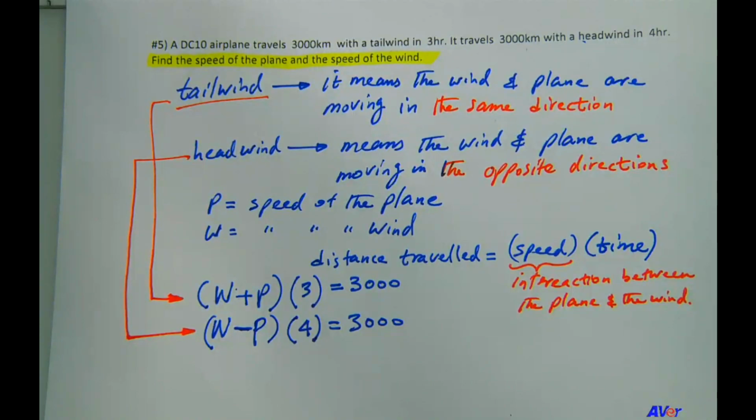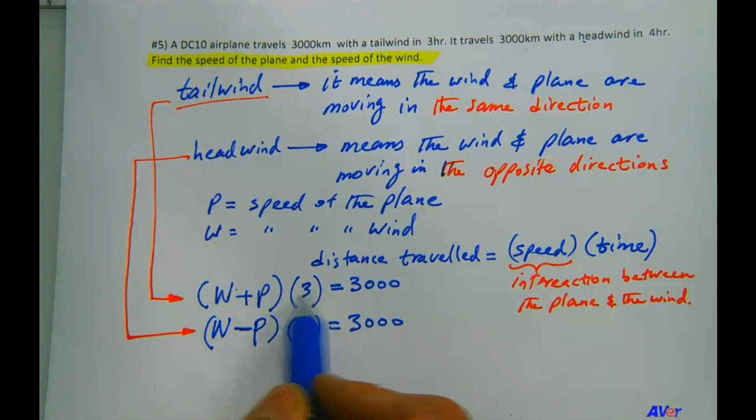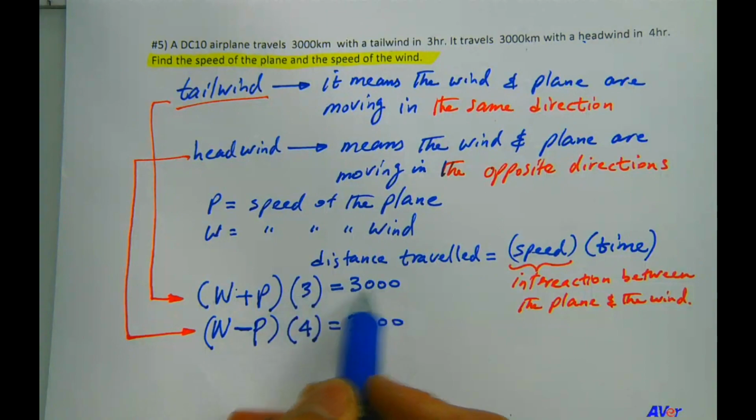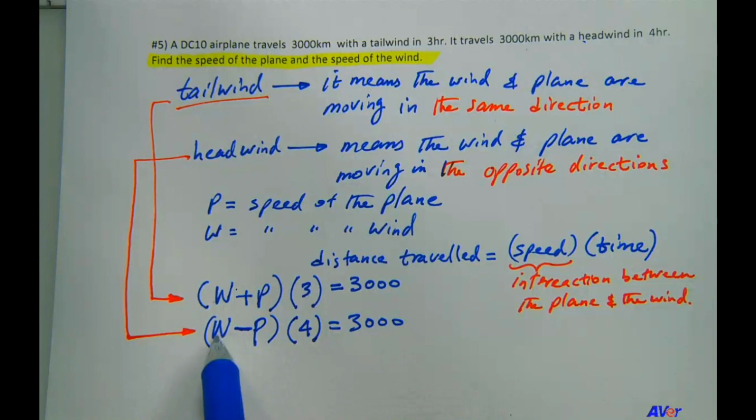Okay? So when wind speed and plane speed are working together in the same direction, it takes the plane 3 hours to travel 3,000 kilometers. Speed times time is the distance traveled. When the speed of the plane and the wind are working against each other, in other words, they have opposite directions.